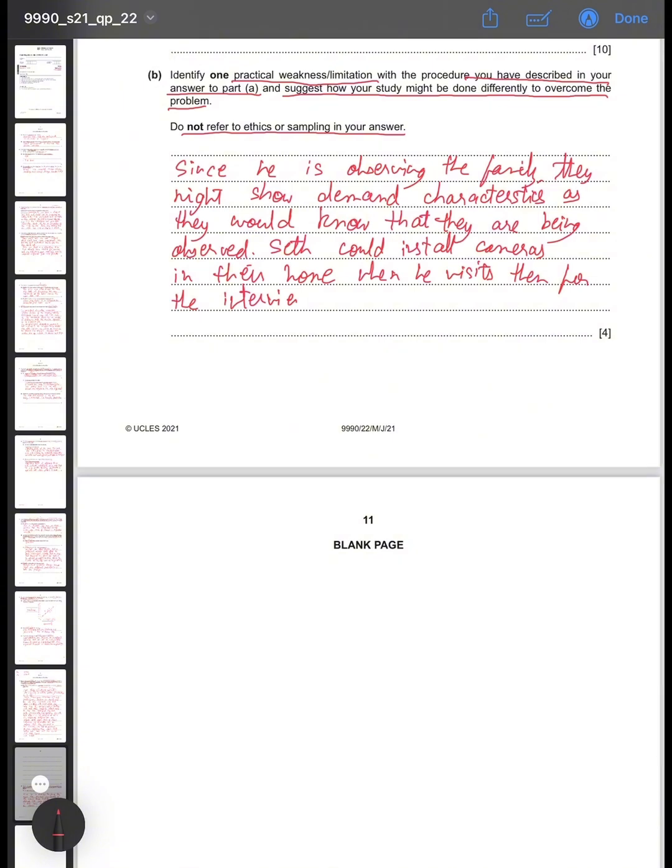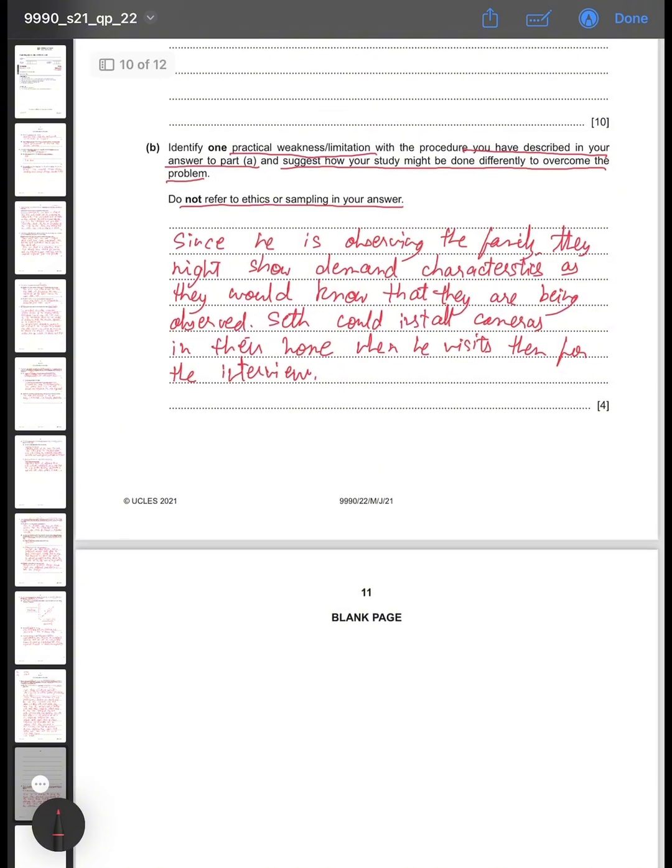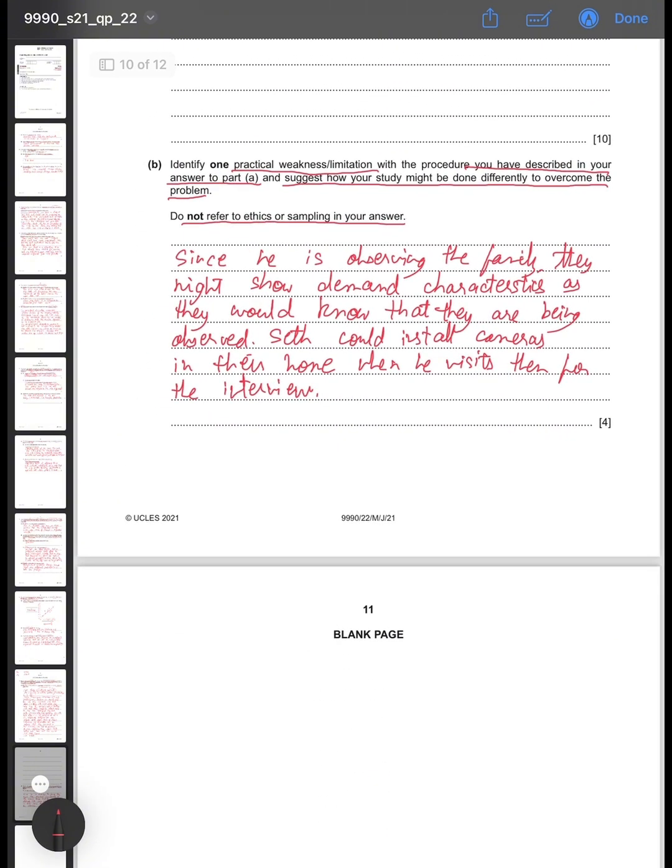He can ask his assistant to do so or something like that, in a way that the family does not get to know about it. So when he does so, he can observe their behavior through the camera and they would not get to know about the observations, and hence they will not be able to show demand characteristics, or the social desirability effect will not impact their results. So this is it for this paper. I hope everything was clear to you guys.